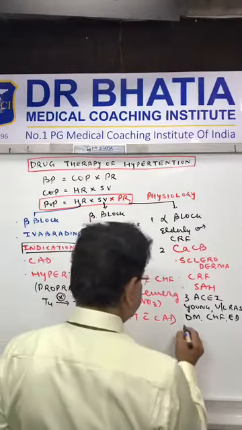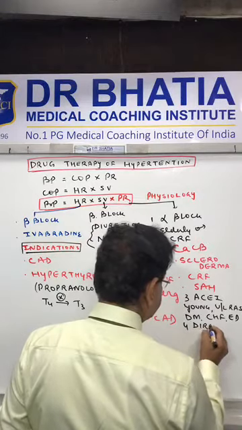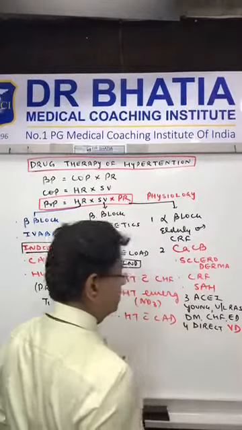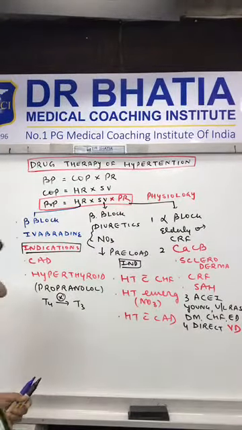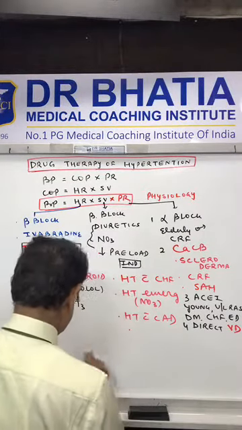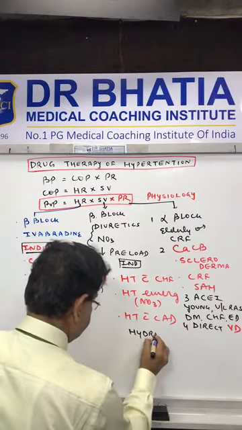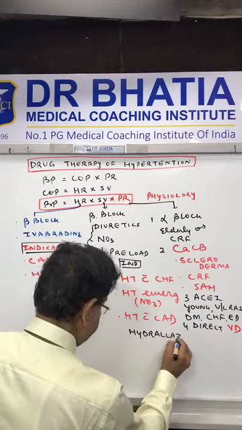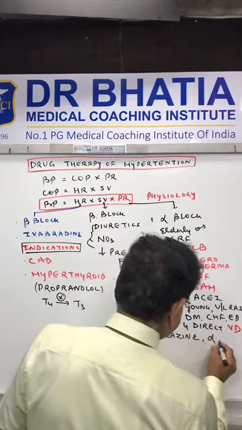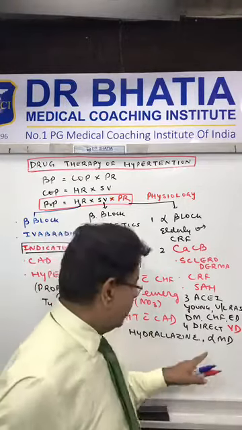The fourth category of drug is direct vasodilators. The direct vasodilators include hydralazine, alpha methyl dopa.